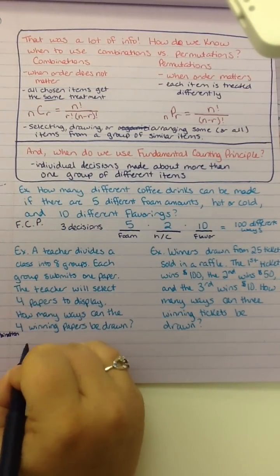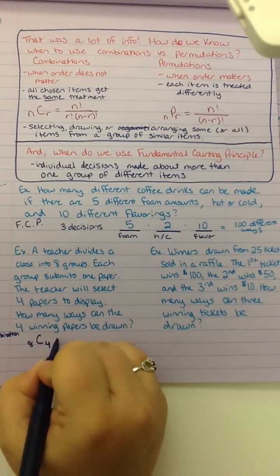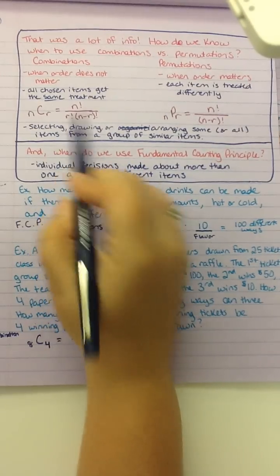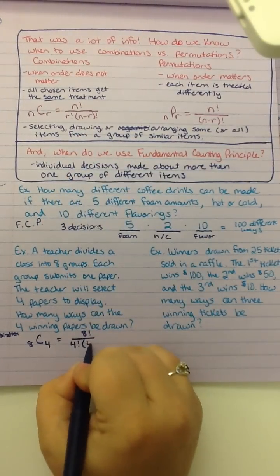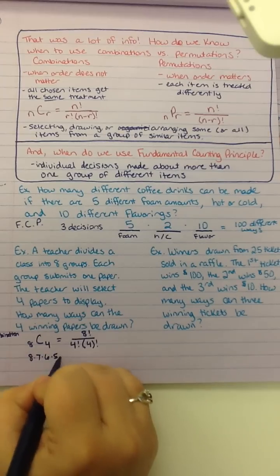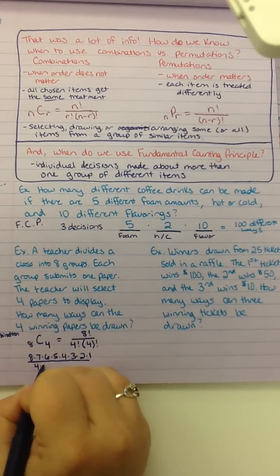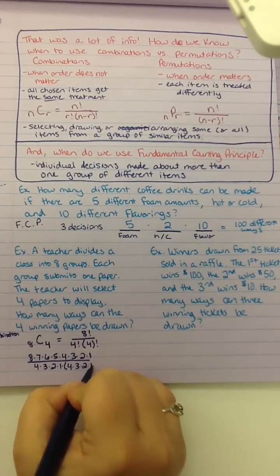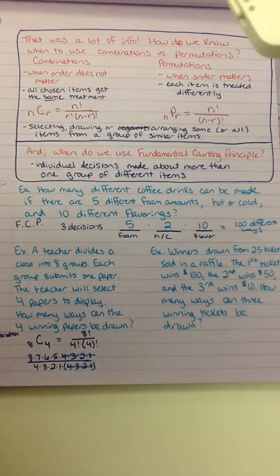So how many groups do I have? 8 groups. And how many winners do I have? 4. So that means it's going to be 8 factorial divided by 4 factorial times (8 minus 4) factorial. So we've got 8 times 7 times 6 times 5 times 4, you get the picture, divided by 4, 3, 2, 1 and 4, 3, 2, 1.